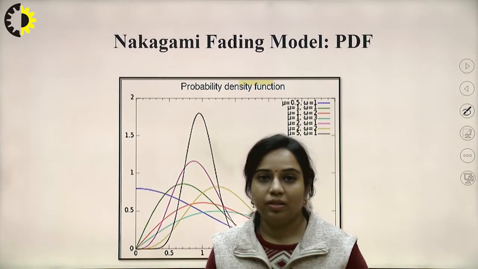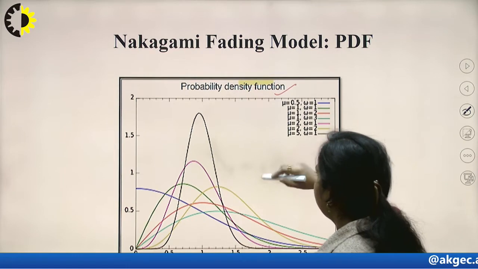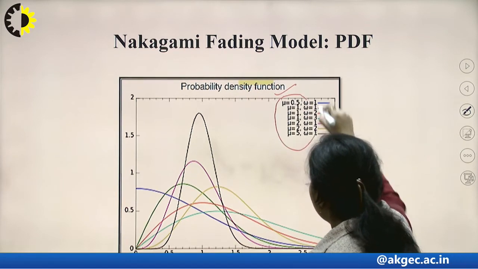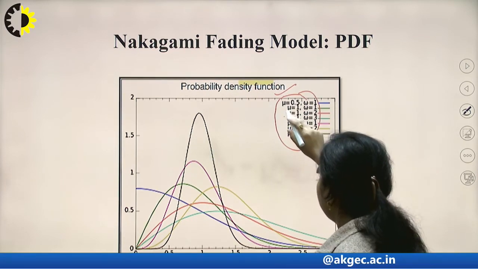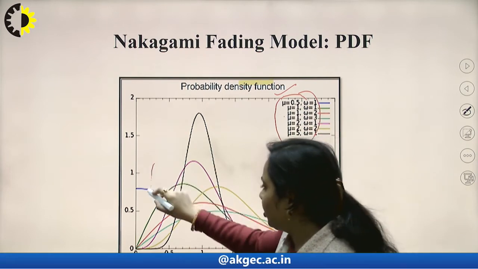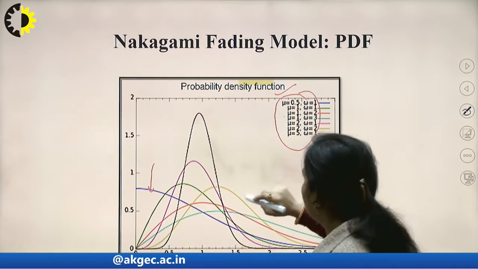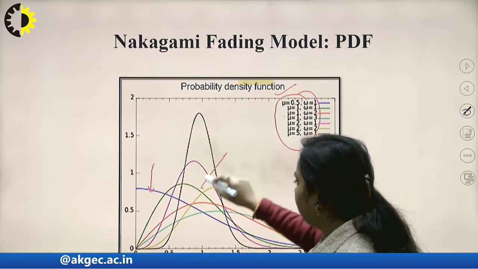Now this is the Nakagami fading model PDF, that is probability density function, which you can see over here. For various values of omega and mu, let's say mu is 0.5 and omega is 1, then this particular graph will be there. Then mu equals 1 and omega equals 1, then this green colored graph will be there.